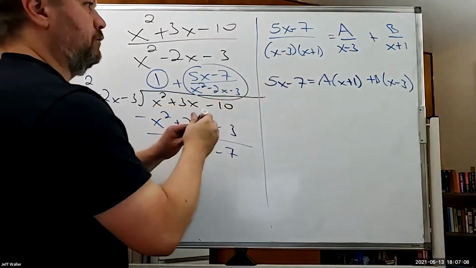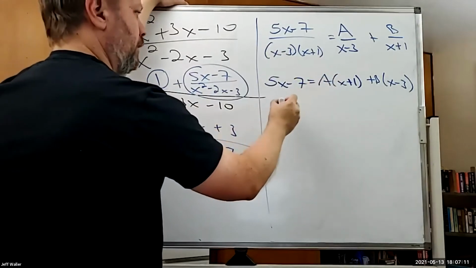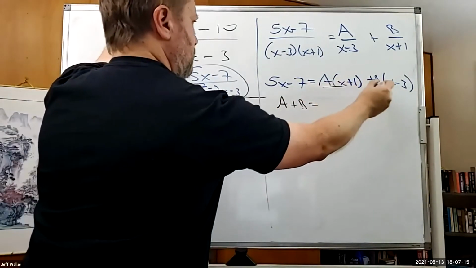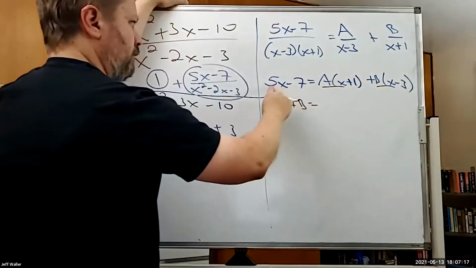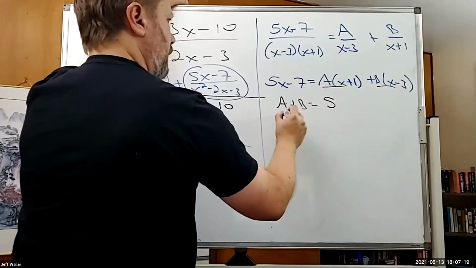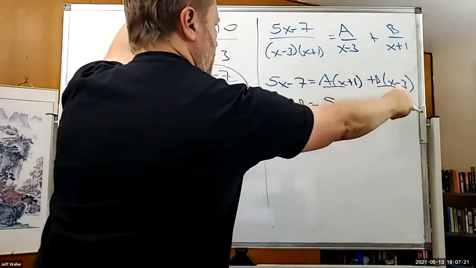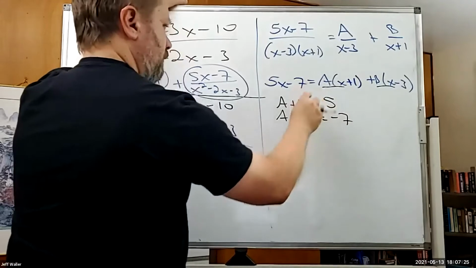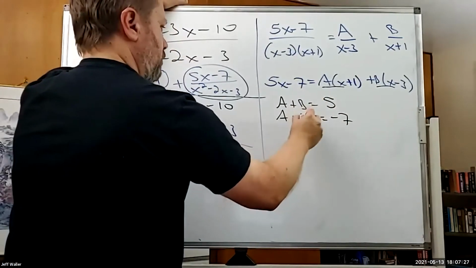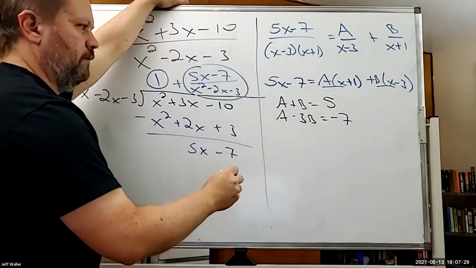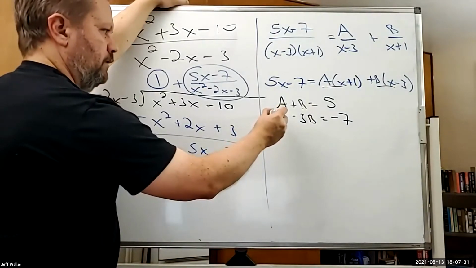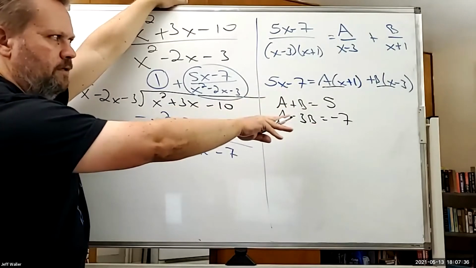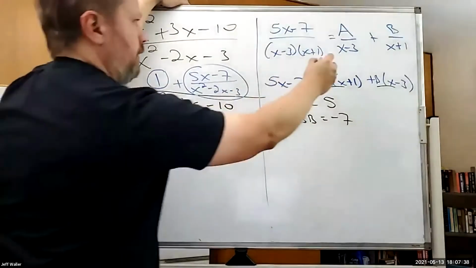So I'm going to do it both ways a little quickly. One way, it's pretty cool: A over x minus 3 plus B over x plus 1. So I would get Ax and Bx.